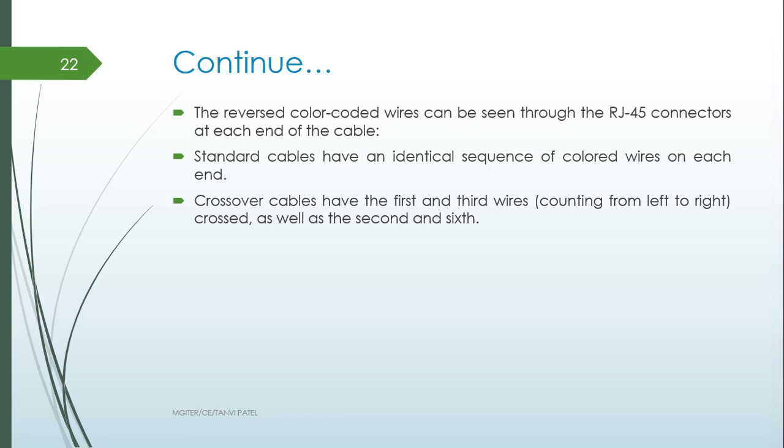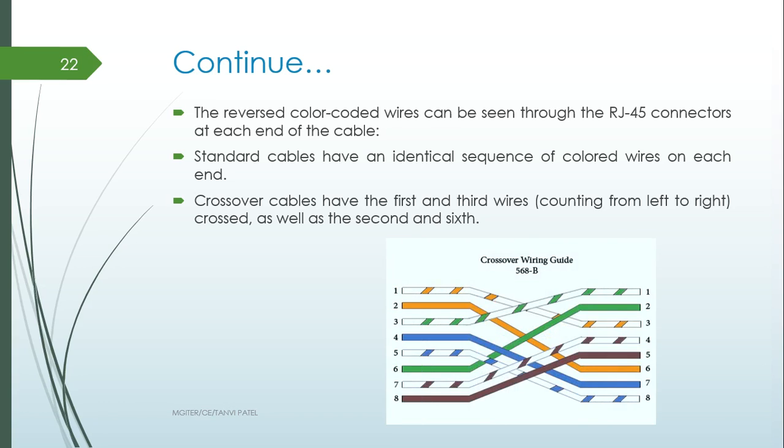So, the reversed color-coded wire can be used through the RJ45 connector at the end of the cable. Standard cables have an identical sequence of colored wire on each end. Crossover cables have the first and third wire counting from left to right crossed as well as the second and sixth. Here you can see in the figure the crossover connection, how they are connected.